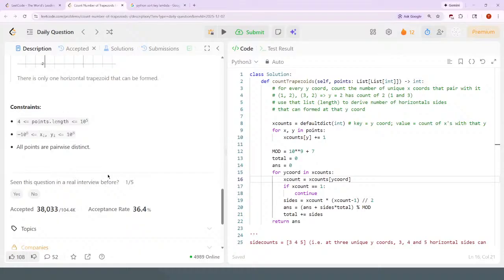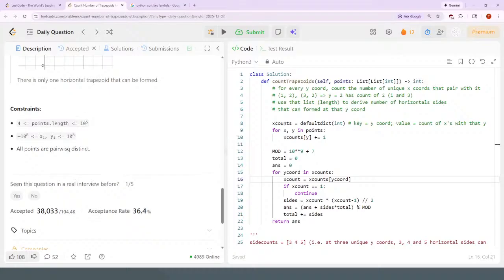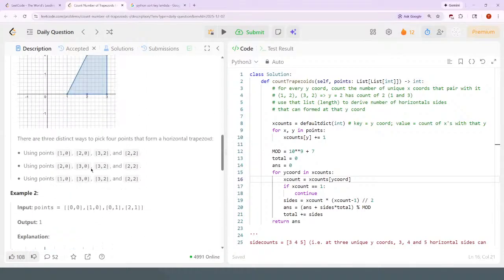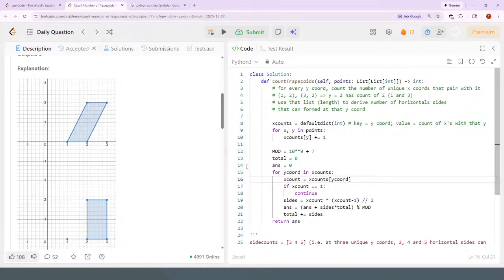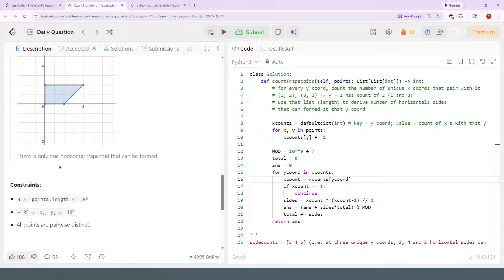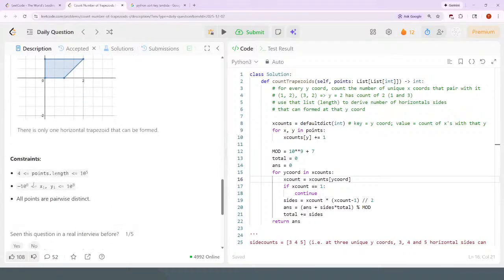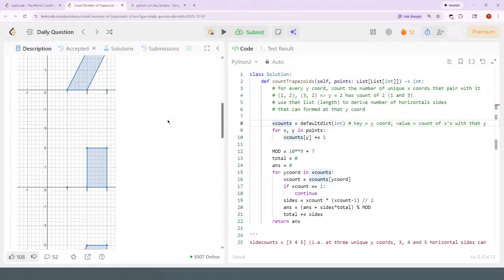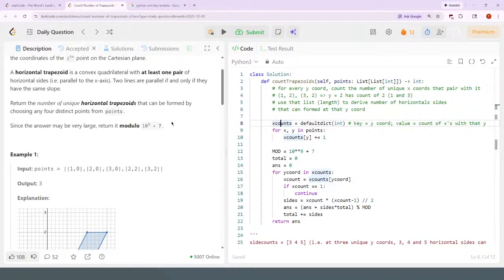There's going to be at least 4 of them. Okay. Every y values are going to be very large, possibly. So number of horizontal trapezoids.